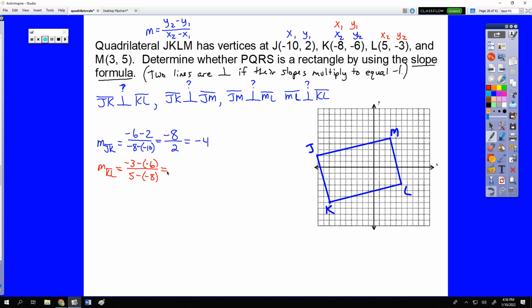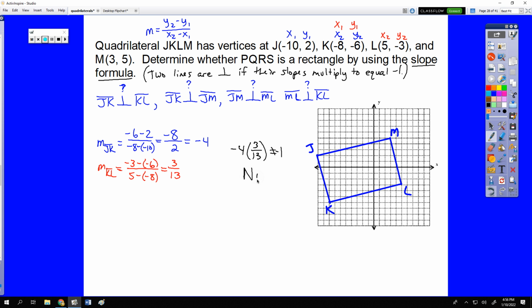And almost right away we should realize that is definitely not equal to 1/4. Right there, we can stop. These do not multiply. Okay, -4 times 3 over 13 is not equal to -1.